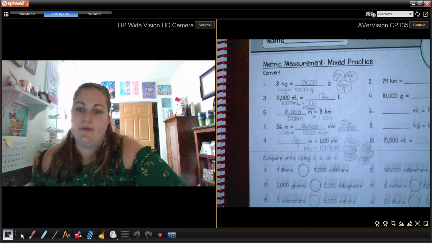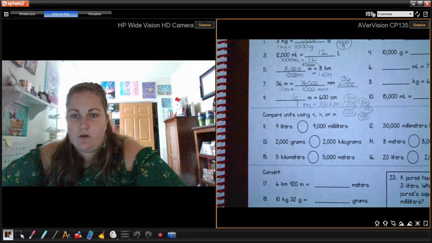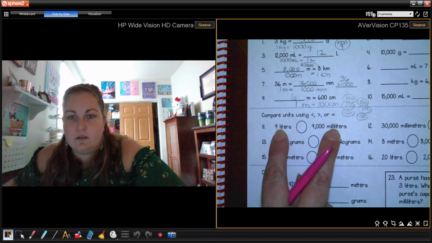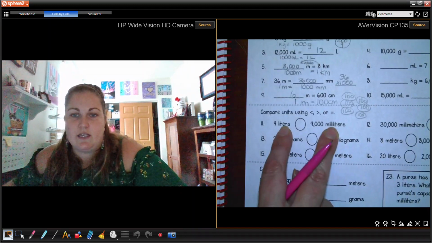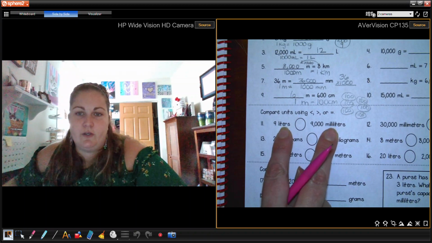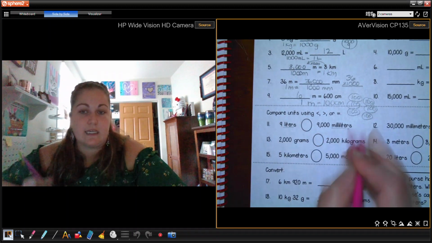Okay, comparing now, just like we did for customary, comparing 2 different units, I'm always going to look for my larger unit and then exchange it for the smaller one. Because whenever I exchange a larger unit to a smaller unit, I can use my multiplication skill. So I've got liters and milliliters.